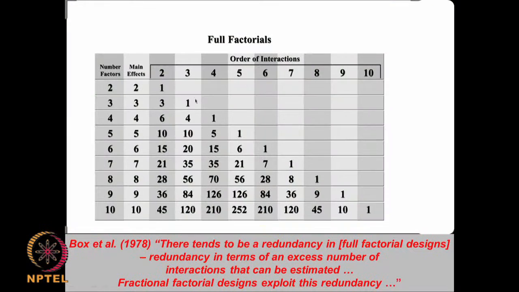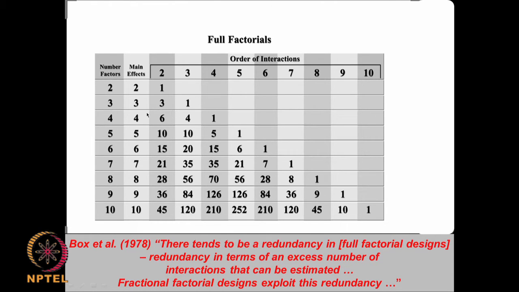In addition, we can also look at the 3-way interaction, that is ABC, but that is also a disadvantage of this full factorial design, because suppose you look at a 2 power 4 design, not only do you look at 4 factors, the main effects, you are looking at 6 interactions, that is AB, AC, AD, BC, BD, CD, but you will look at 3-way interactions like ABC, ACD, BCD and so on, and then you will also look at 4-way. All these are very superfluous, because I did mention that these 3-way and 4-way interactions are very rare. We generally have 2-way only.